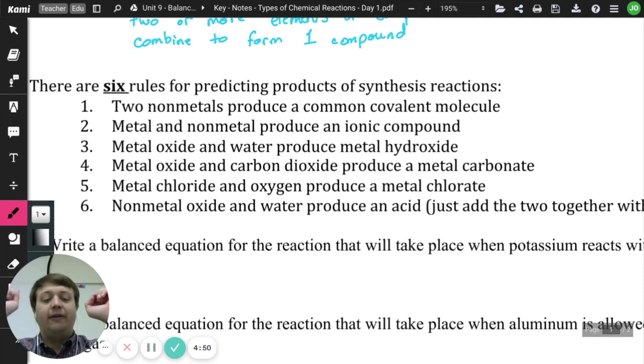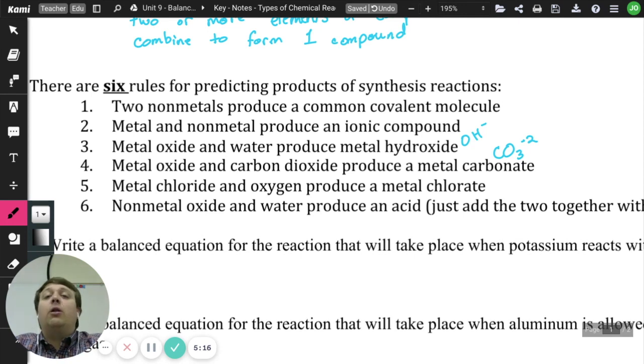Rule number 4: if I take a metal oxide, but this time I add it to carbon dioxide, I'm going to produce a metal carbonate. Remember, carbonate is CO3 with a -2 charge, and hydroxide is OH with a -1 charge.